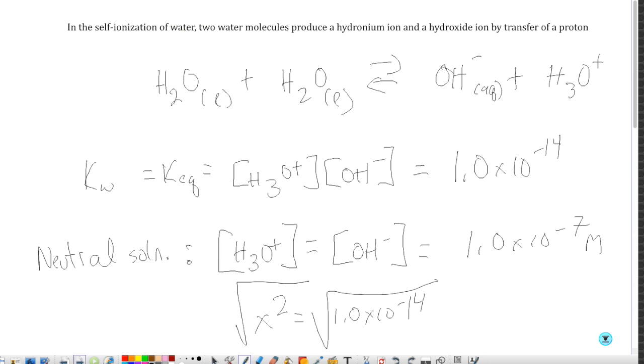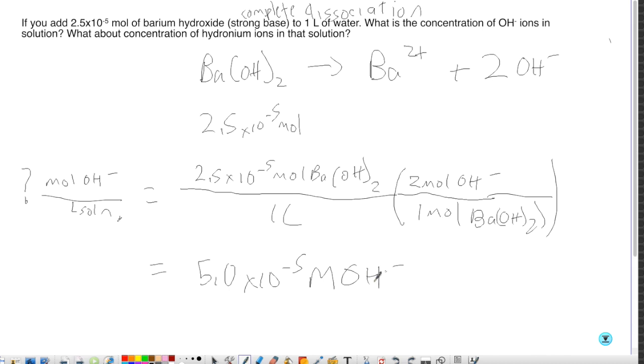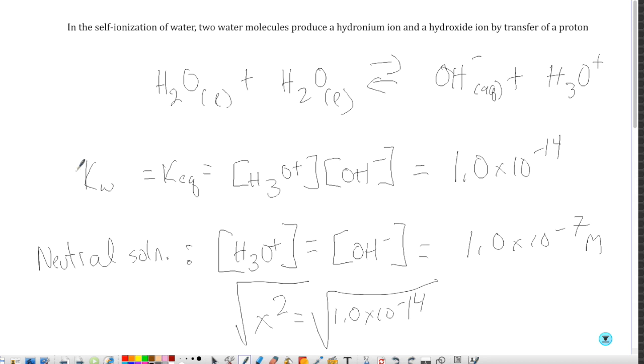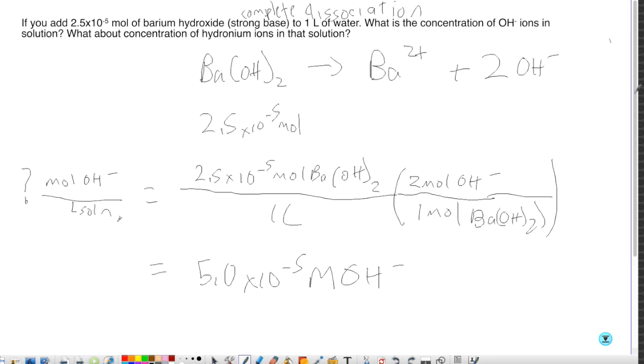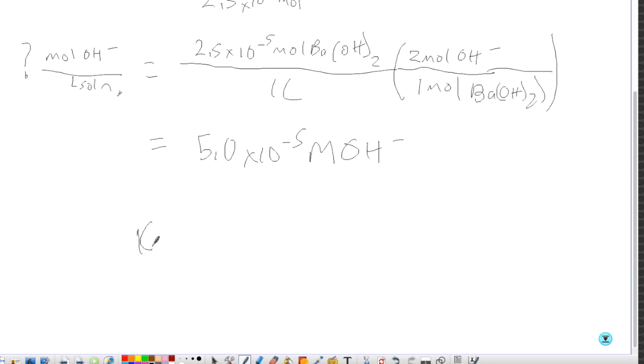Now, by adding barium hydroxide, I've increased the amount of hydroxide ion, but that doesn't affect Kw. So I still can use Kw equals the concentration of H3O plus times the concentration of hydroxide ion.